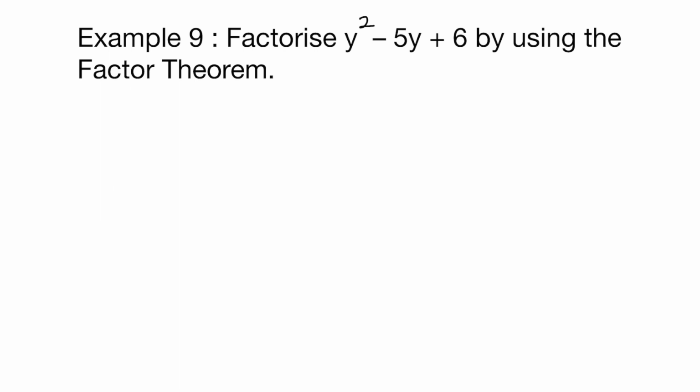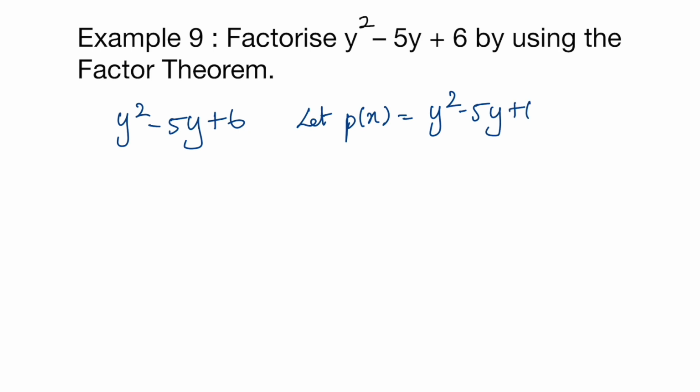So this is your question, and the polynomial that we have is y squared minus 5y plus 6, right? By the factor theorem, let this be p of x. Let p of x be equal to y squared minus 5y plus 6.